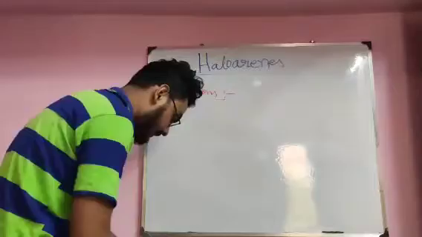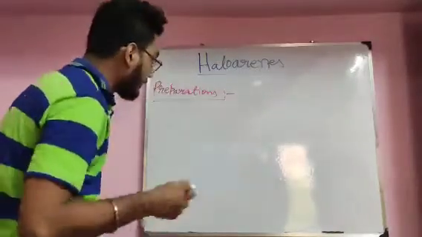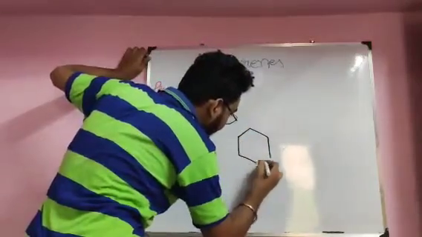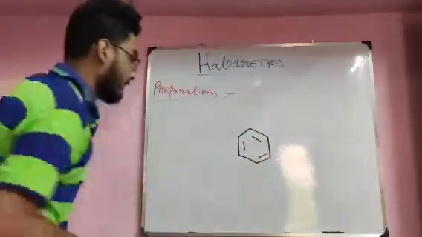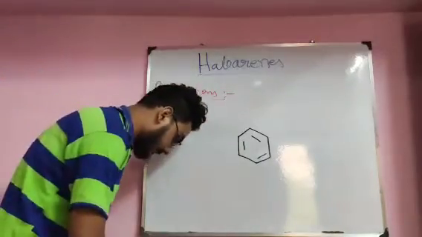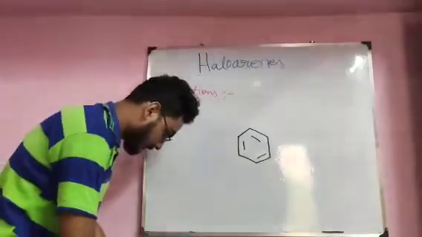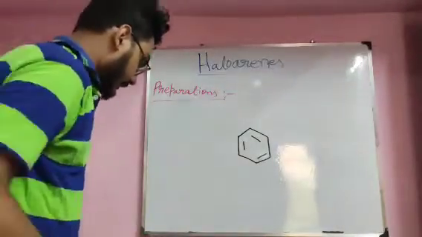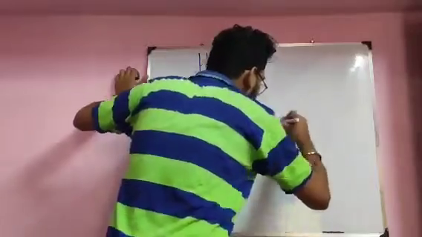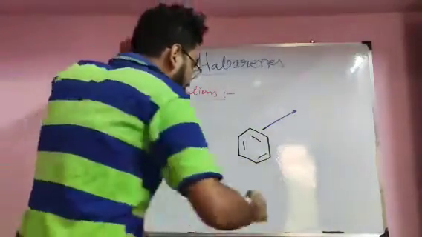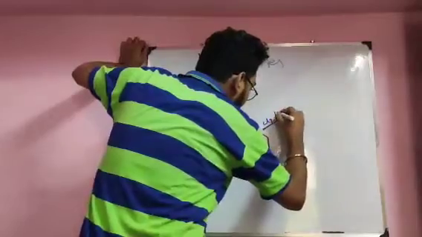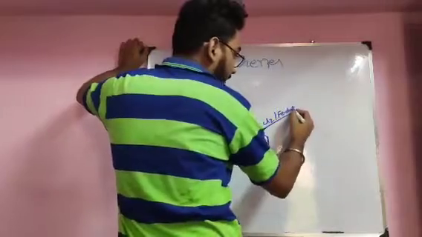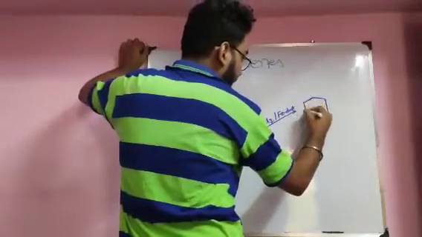Now I give you some tricks. Preparations. Here a benzene ring is present. If we give Cl2 and Fe dust, then the product will be chlorobenzene.